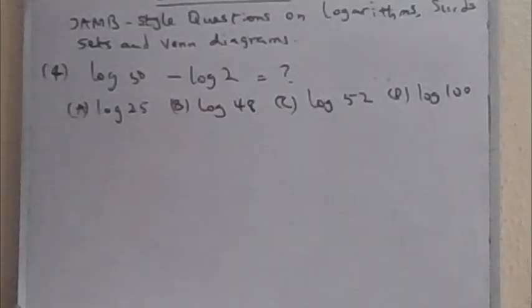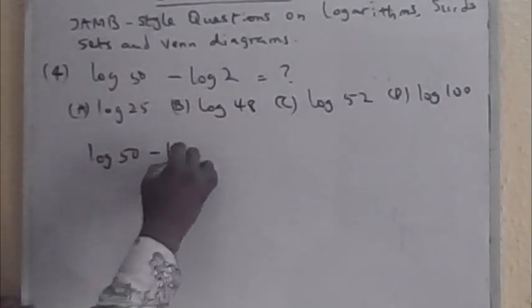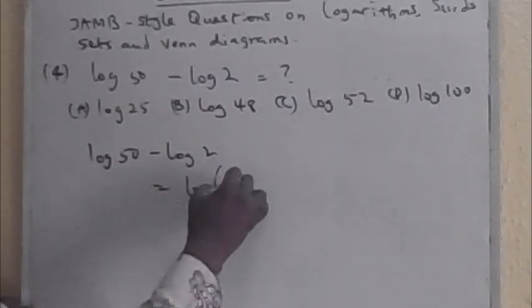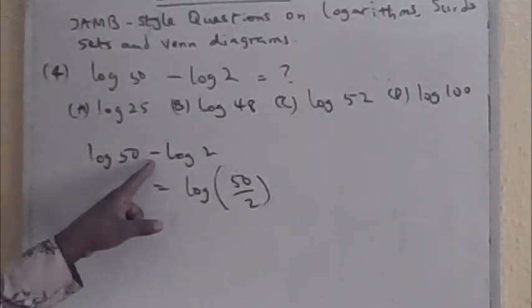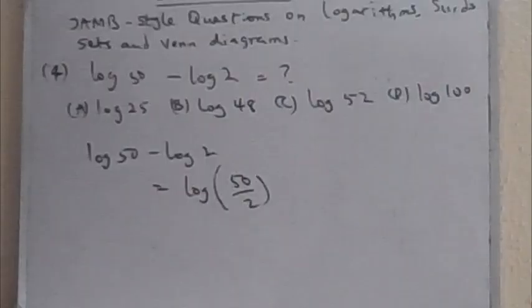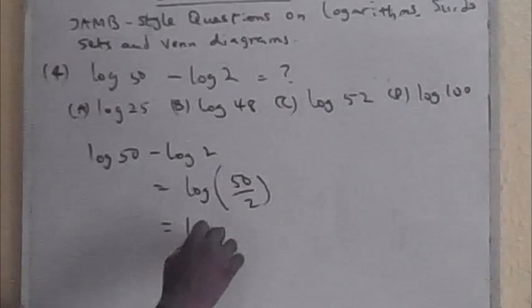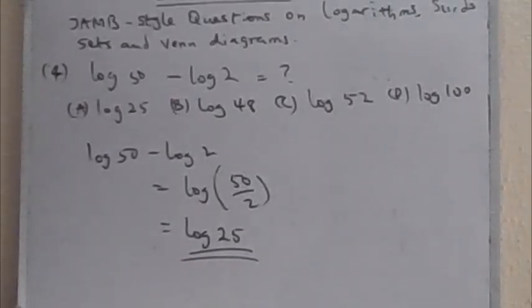So log 50 minus log 2 translates to log in the same base of 50 divided by 2, because you have minus here. So we'll go ahead and divide 50 by 2. The division is 25. So the answer is log 25. A is the correct option.